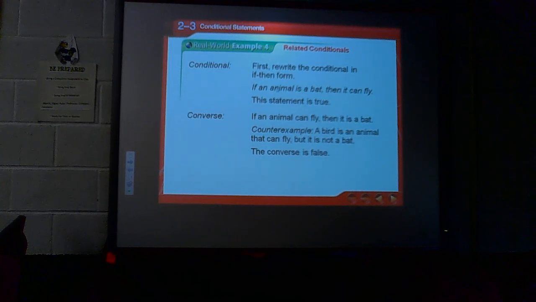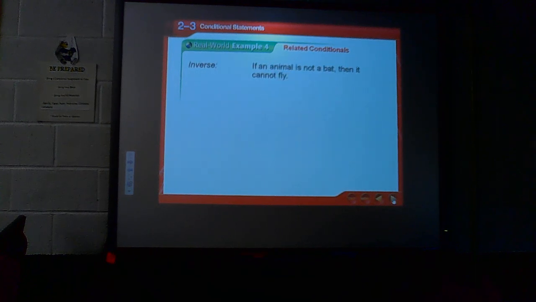That means I'm going to negate both the hypothesis and the conclusion. The easiest way for me to negate both of those is simply to put in "not." So, if an animal is not a bat, then it cannot fly. We inserted "not" in both the hypothesis and the conclusion.